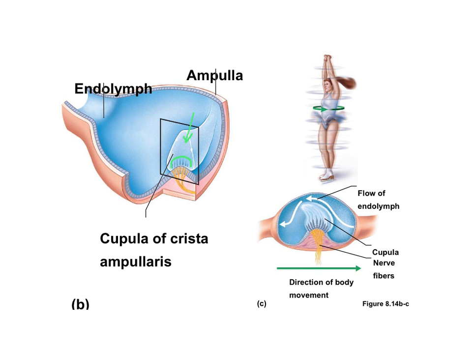So if you are spinning, for example, here our direction of movement is spinning to the right, it causes the endolymph to flow over the ampulla, and that causes these hair cells to bend, and that allows your brain to detect how you are moving through space rotationally.